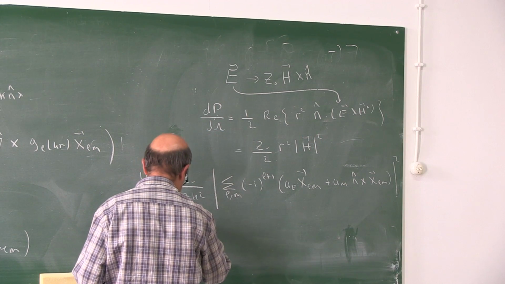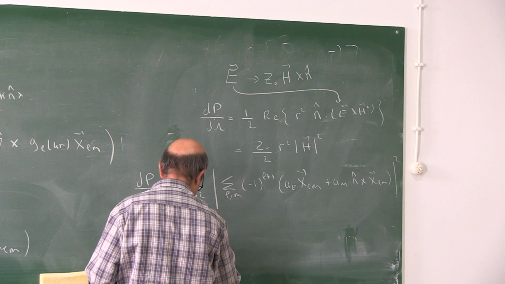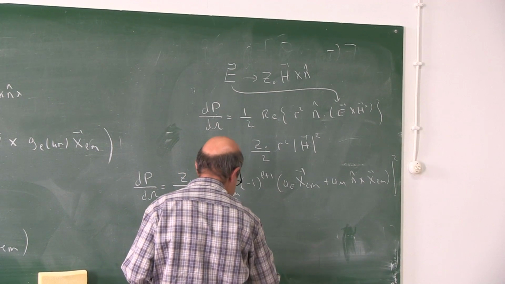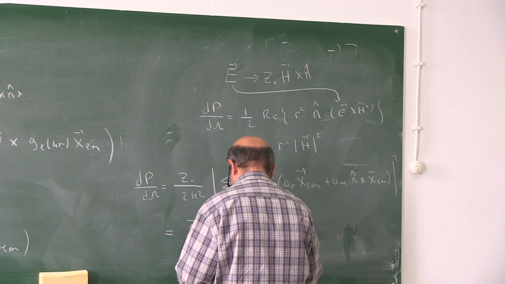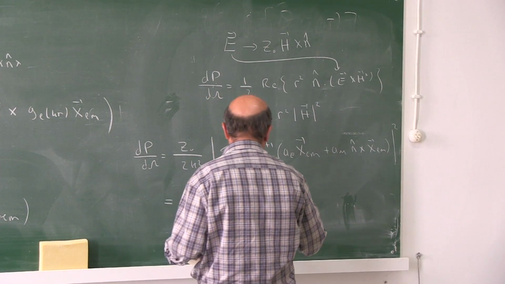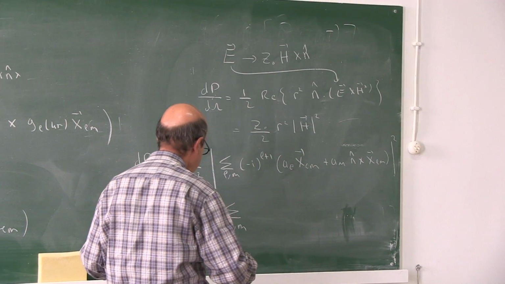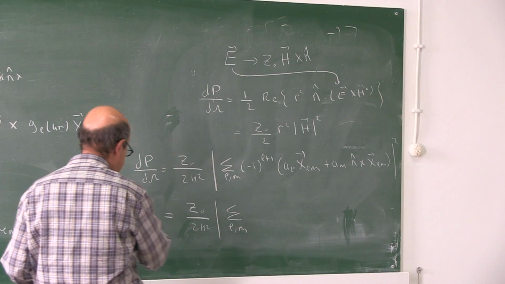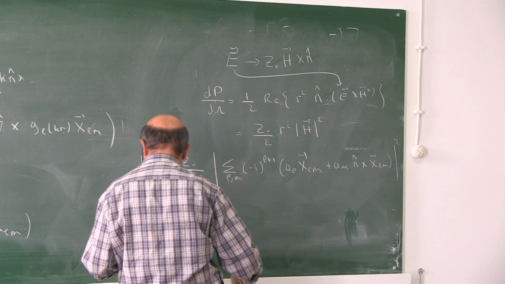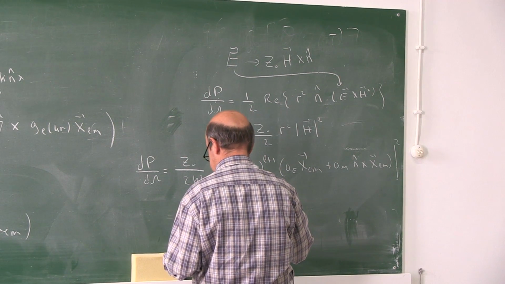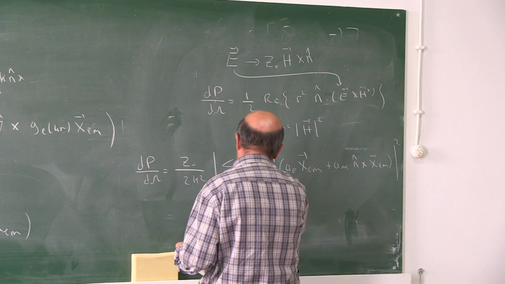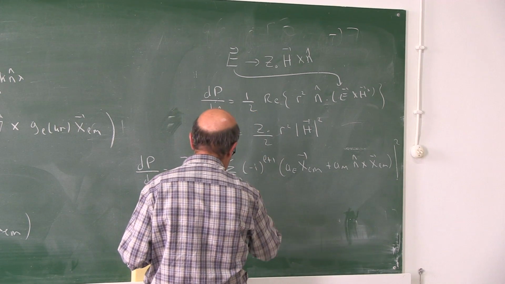So this is equivalent to Z0 over 2k square, summation over L and M. Let us say that this is for any coefficients, not this whole summation.